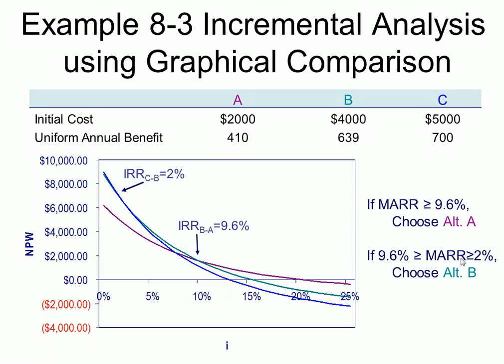If the minimum attractive rate of return is between 9.6 and 2%, so if 9.6 is larger than the minimum attractive rate of return, which in the previous case does not apply.